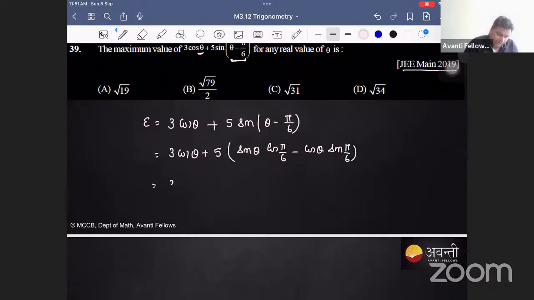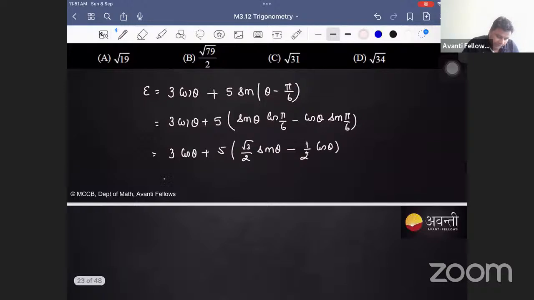Cos pi by 6 is root 3 by 2, so it is root 3 by 2 sine theta, minus sine pi by 6, so it is 1 by 2 cos theta.